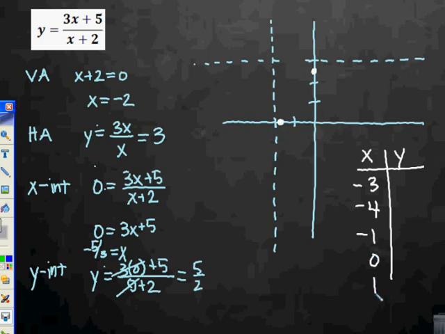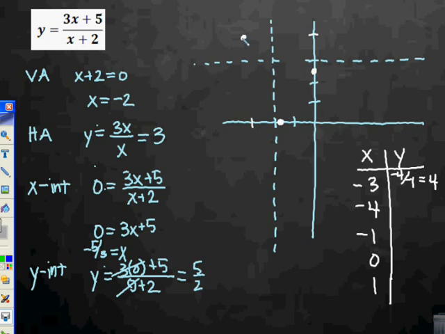And let's just put those points back into my original function and see what's going on with them. So if I put -3 back in, I'll have 3 times -3 is -9 plus 5 is -4, divided by -3 plus 2, which is -1, so I have a positive 4. So I need to graph this point to be -3, positive 4.